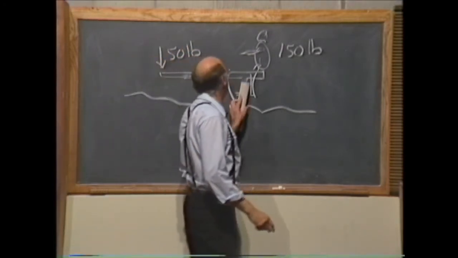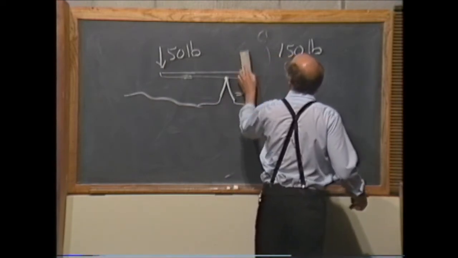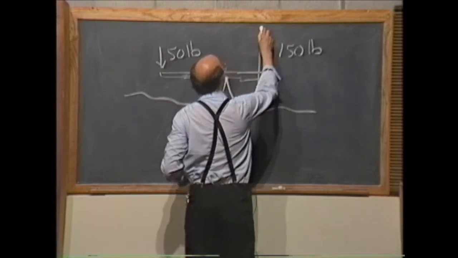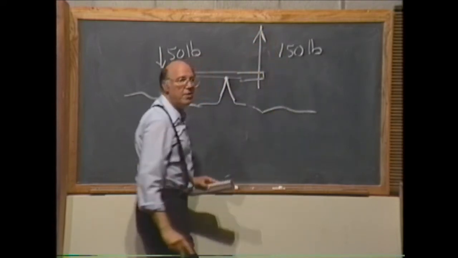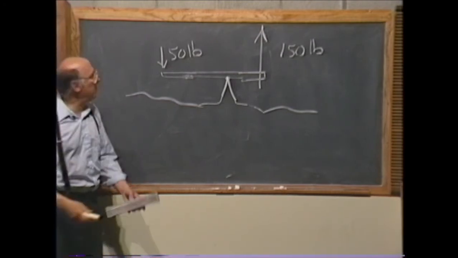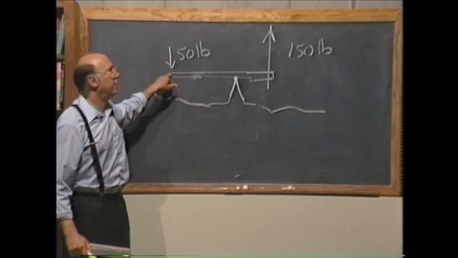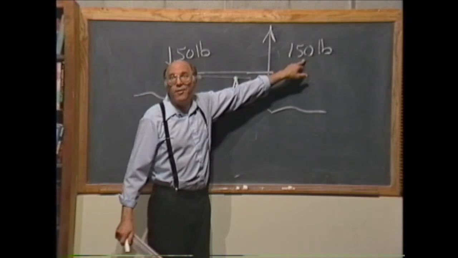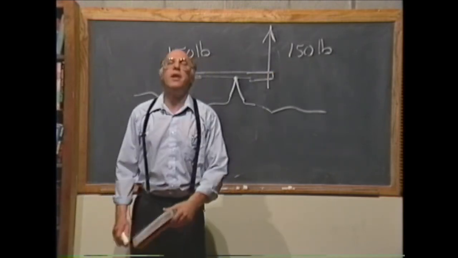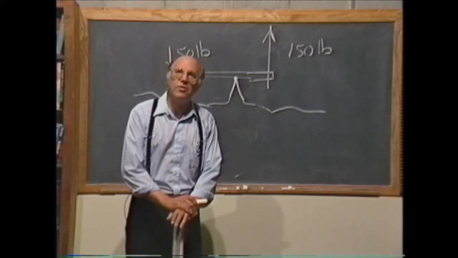What's coming out on my father's side? What's coming out of here is 150 pounds of force. You surely are getting something for nothing if you can put in 50 pounds here and come out with 150 pounds. That's getting something for nothing, and everybody knows that a seesaw works.